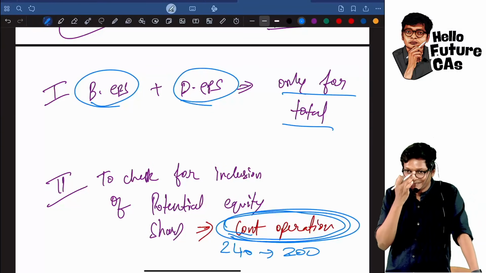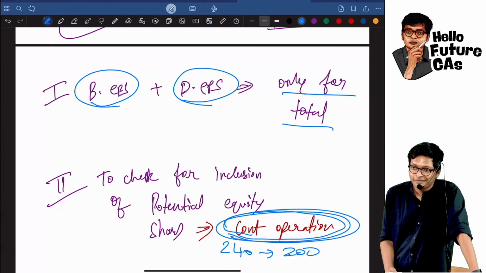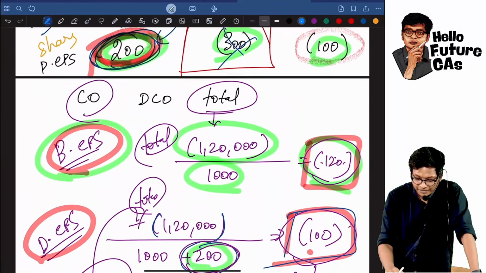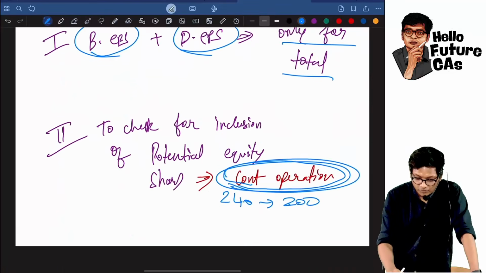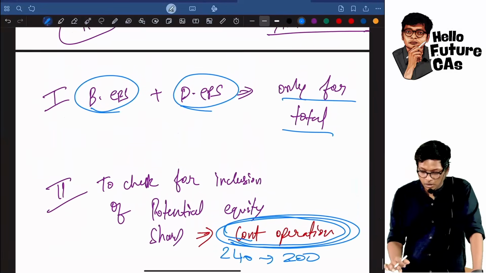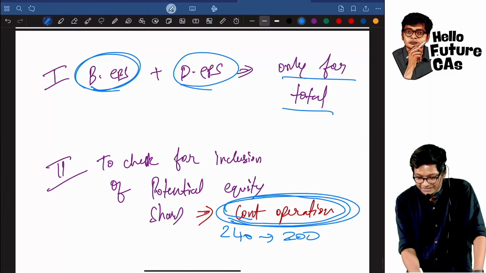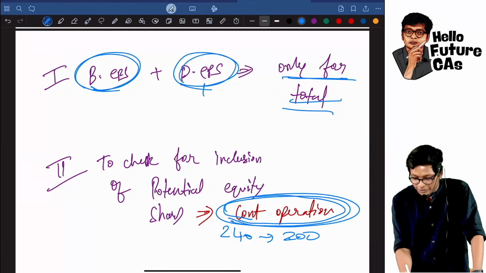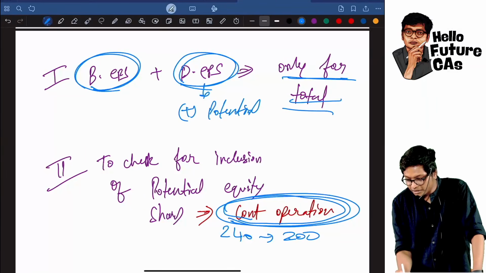Yes, Harish. Understood? See, for exam, again I will repeat, guys. For exam, what will you do? You will compute basic EPS and diluted EPS only for total. In diluted EPS, should I add potential equity shares?